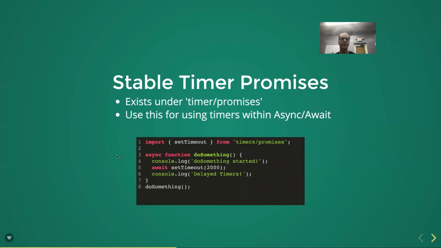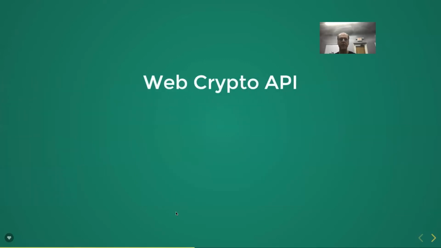In this example, I have a function called doSomething that I have prepended with the async keyword, and then with the await, I can basically set a timeout. If I go to execute this, it will run the first line, then it will wait for 2 seconds, and then it will say delayed timers. So kind of a neat feature.